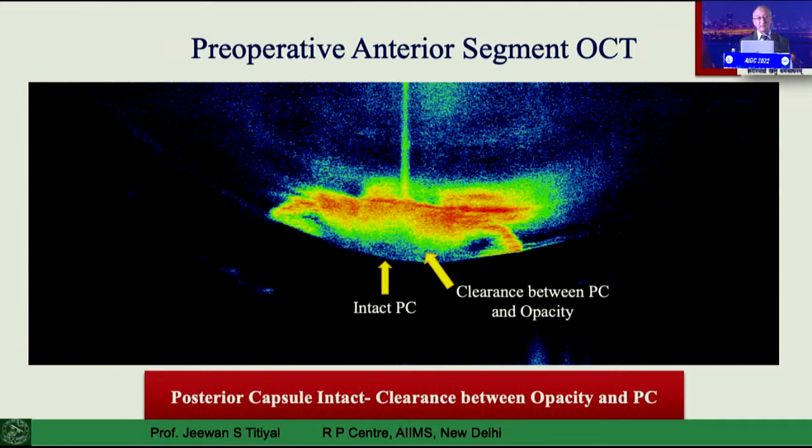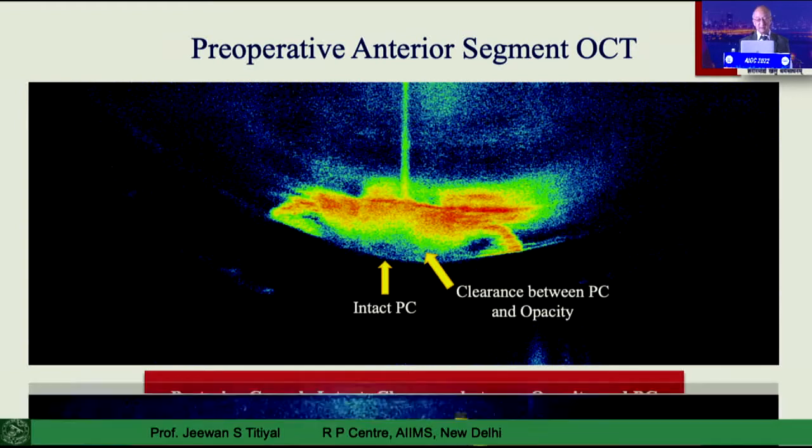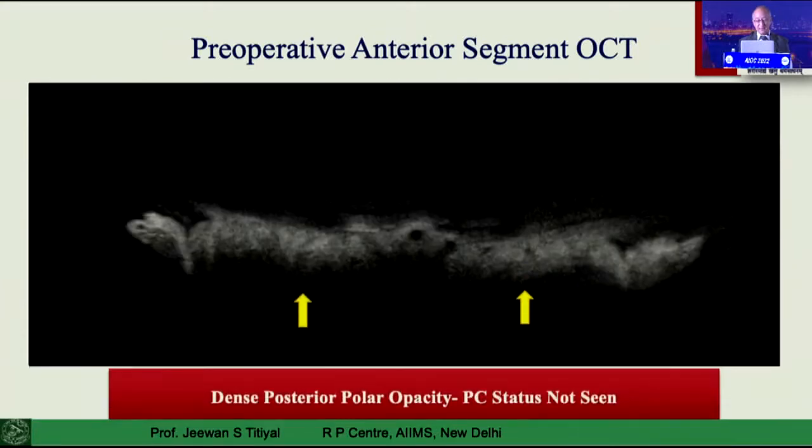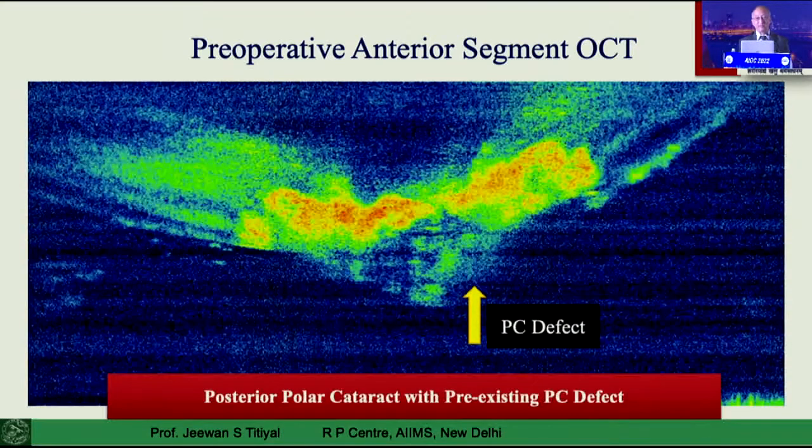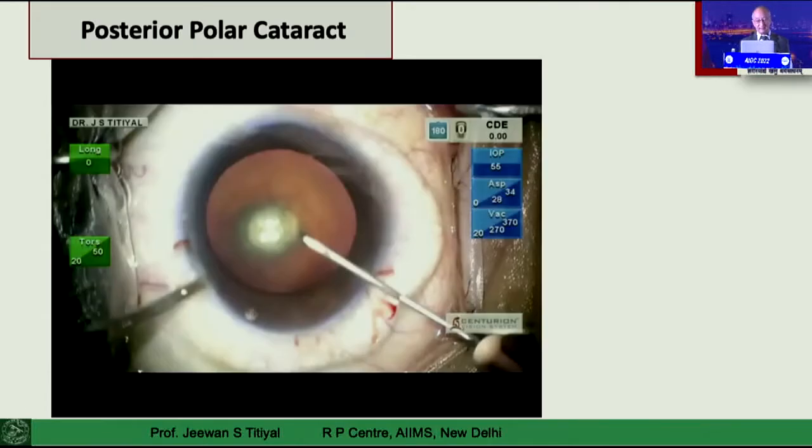Not all cases diagnosed as posterior polar may be posterior polar, but it can be differentiated by various ways. One is anterior segment assessment by ASOCT, which can delineate the posterior capsule and the disc, and you can know which cases will have a loose capsule or a defect.